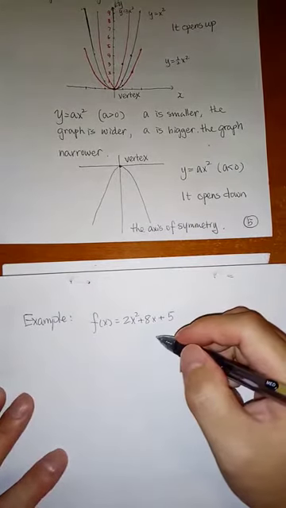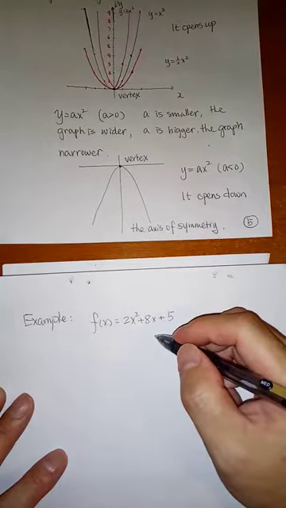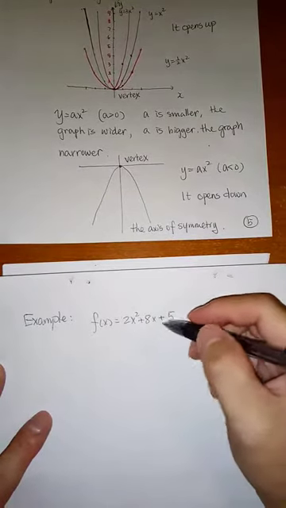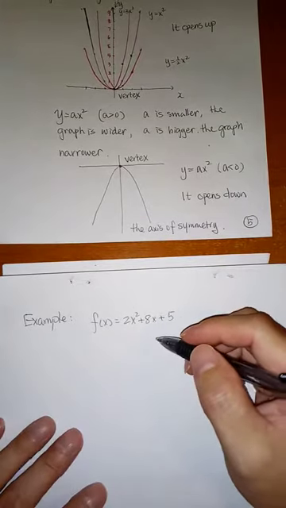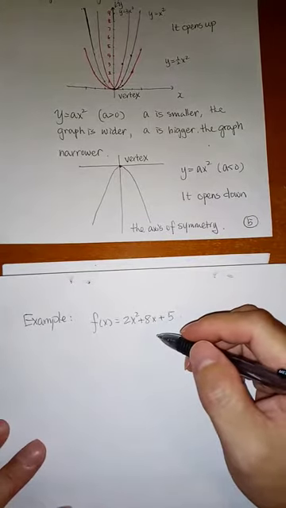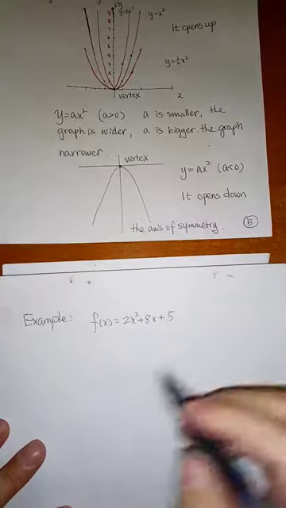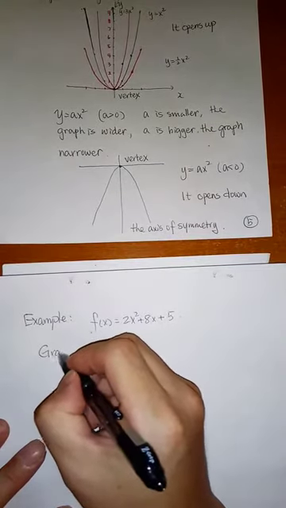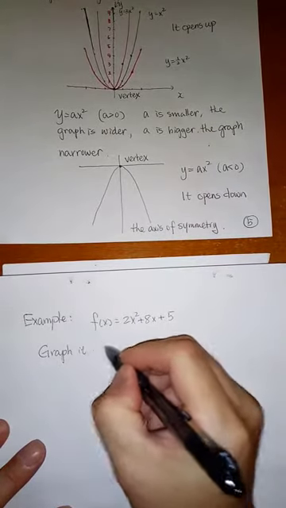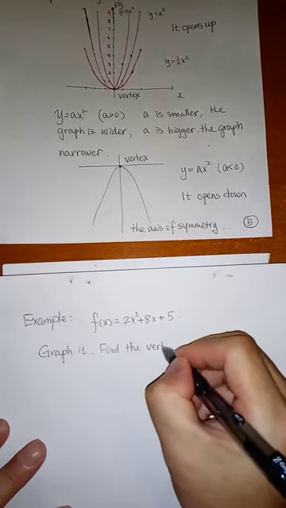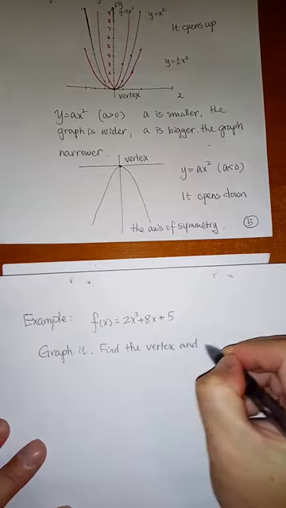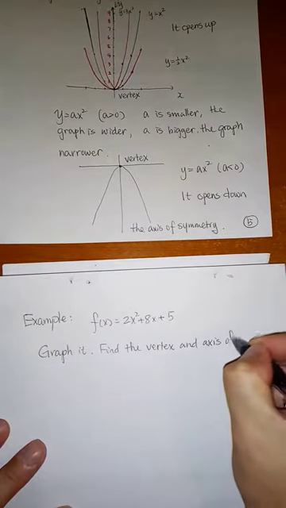It's a quadratic polynomial, a quadratic function. We want to find the graph, and we want to see the vertex and the axis of symmetry. Okay, so graph it, find the vertex and axis of symmetry.